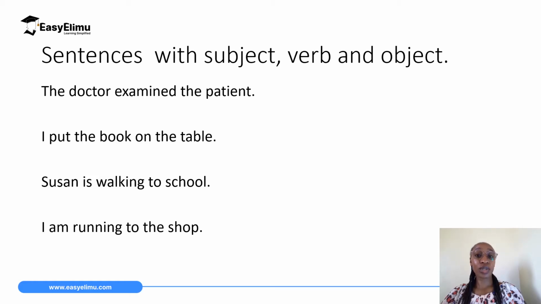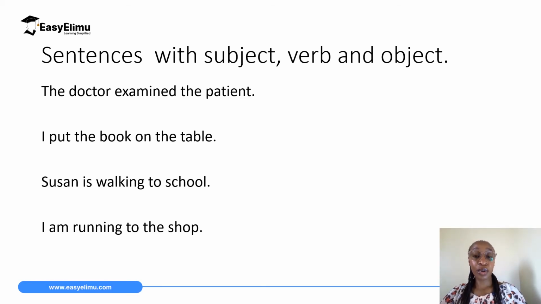To school is the object. And lastly, I am running to the shop. I is the subject. Running is the verb or the action. The shop is the object.